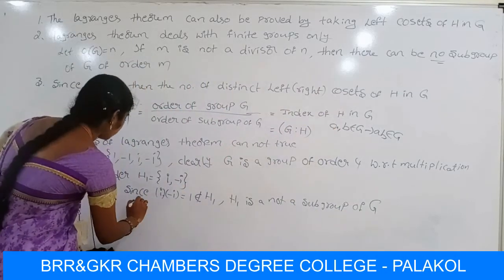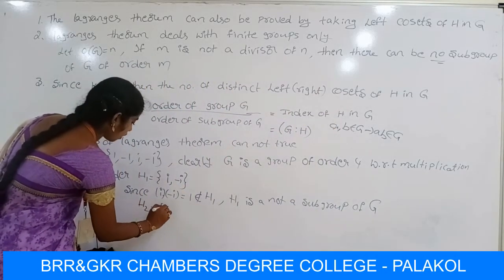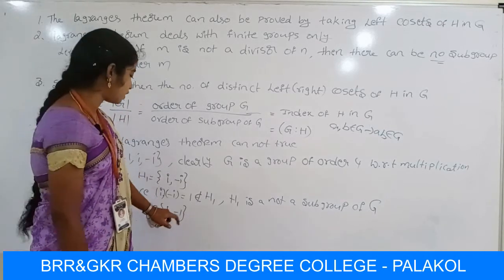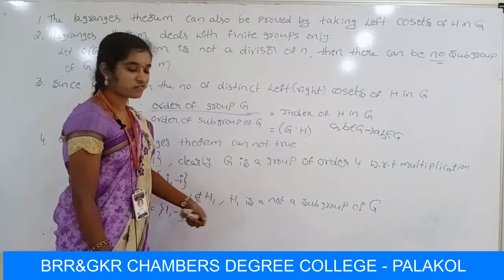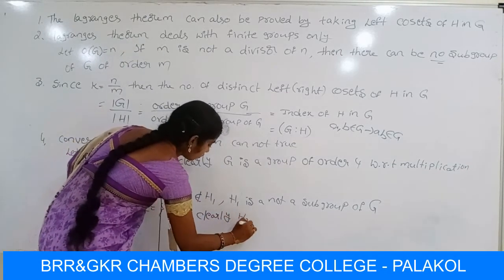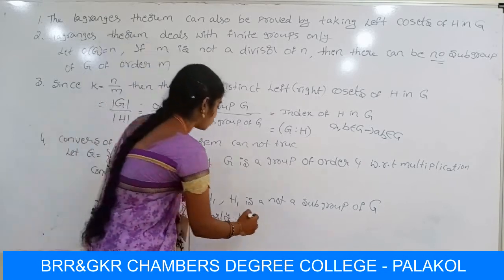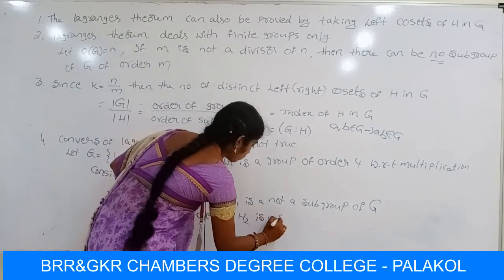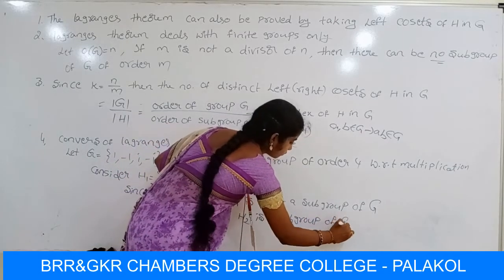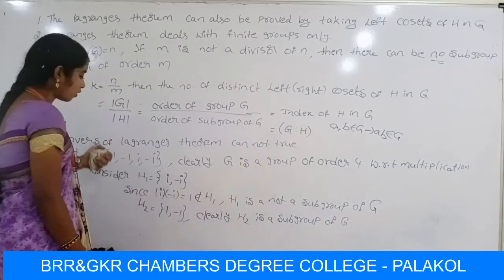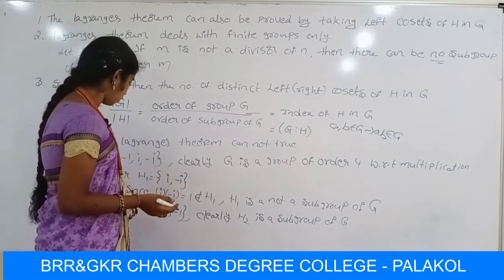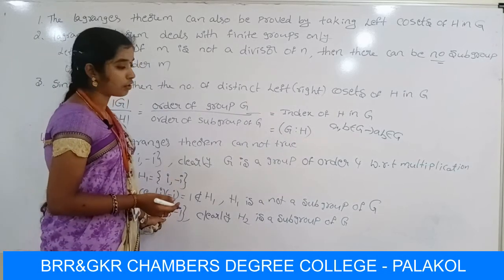So next consider H2 equal to {1, -1}. Already you know that {1, -1} is a subgroup of G. So clearly H2 is a subgroup of G. H1 equal to {i, -i} has order 2, and H2 equal to {1, -1} has order 2.